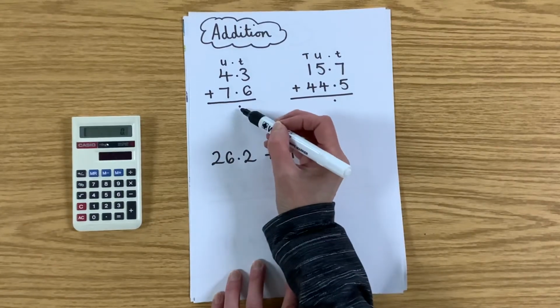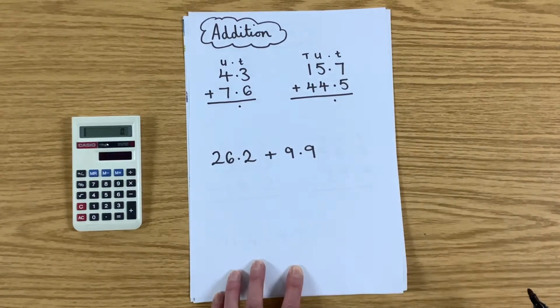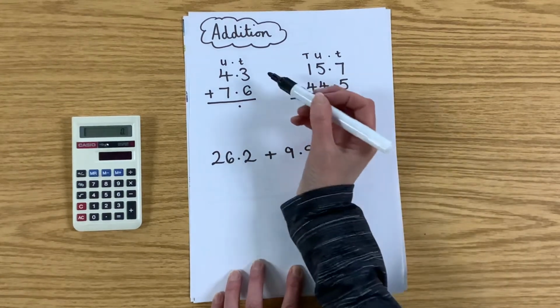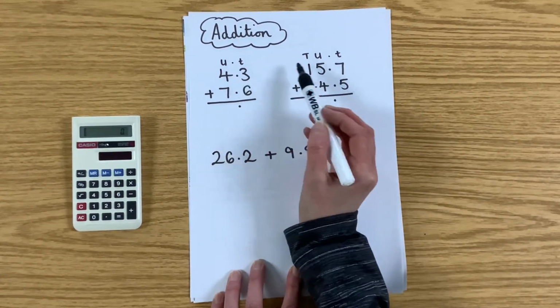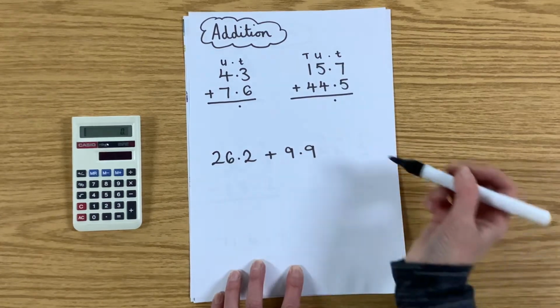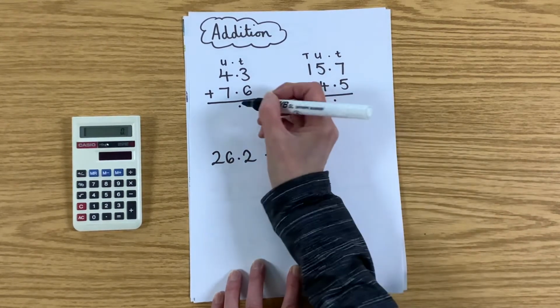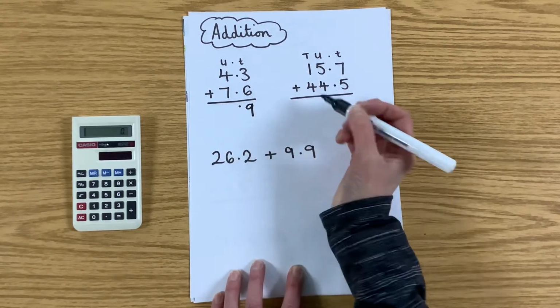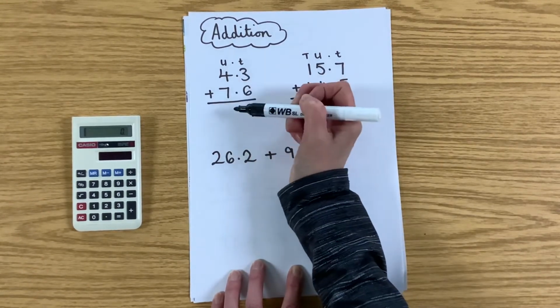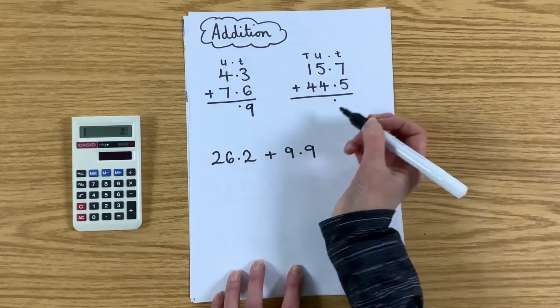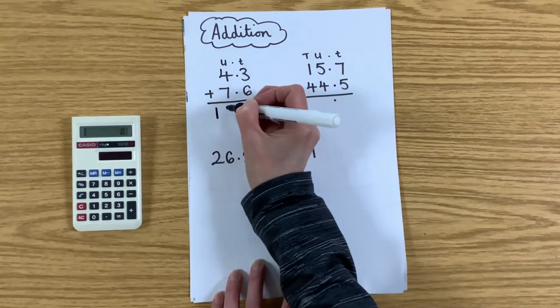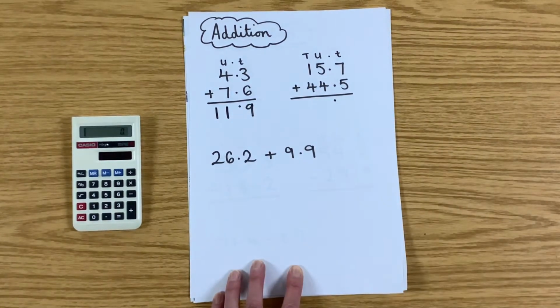It's really important that in the answer we also have a decimal point. I begin over at the right-hand side, as I always do in an adding calculation. So 3 plus 6 is 9. Nothing to carry over. 4 plus 7 is 11. So if I added 4.3 and 7.6, I would have 11.9.